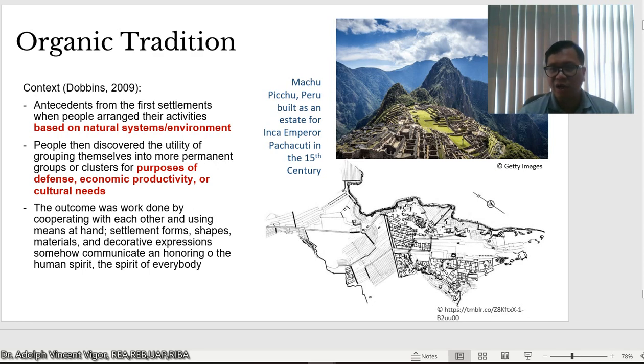If you share a common culture or background, you tend to group together. So this is what happened with the Incas in Machu Picchu, Peru. They grouped together, primarily not just for the economics, but much more for defense.